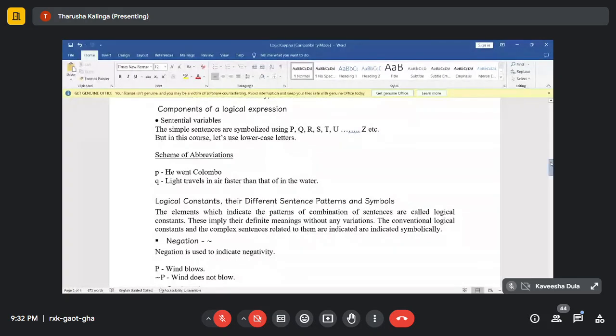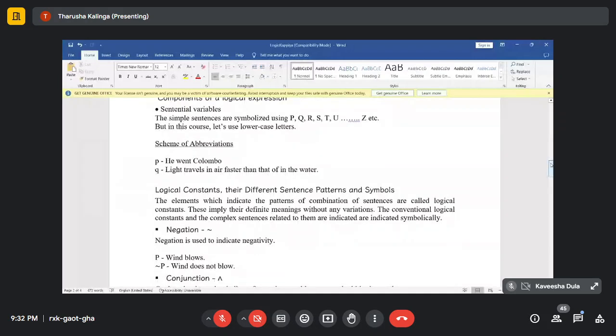Okay, keeping that in mind, let's move on to the next component, logical expression. Here use the letters up to z, and make sure to keep them in lower case, because that is what they are in the slides. If you are telling that it is raining, and you are going to give a symbolism to that statement, you have to have a scheme of abbreviation.